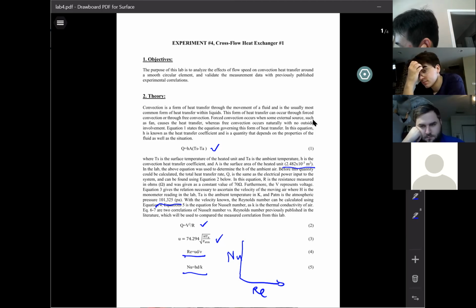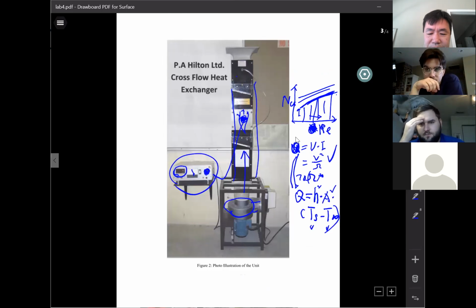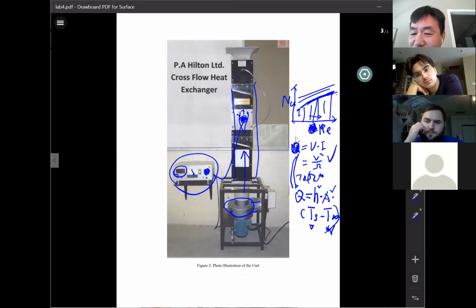One thing during the experiment, look at the equation we did here: T surface and T infinite. T infinite is always the same. In the experiment, I purposely kept the same surface temperature for all 6 different flows.